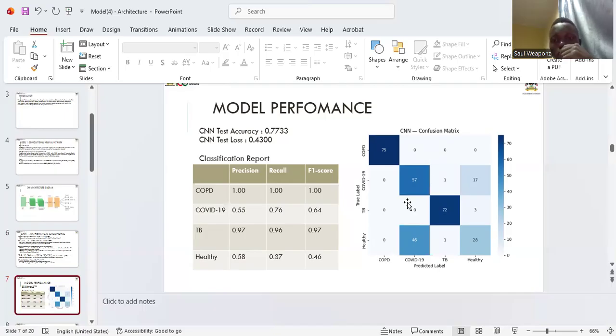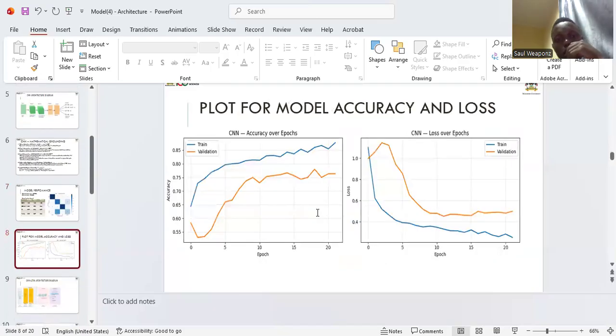That has also been illustrated in this confusion matrix, where COPD has a high correlation with COPD, shown in deep blue, and also TB with TB. COVID-19 with COVID-19 has a relatively low correlation, so they are in lighter colors. This is the plot for accuracy of the validation and the training.